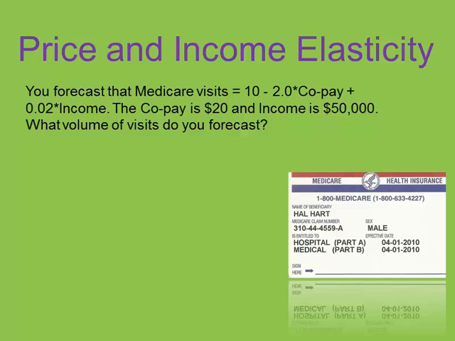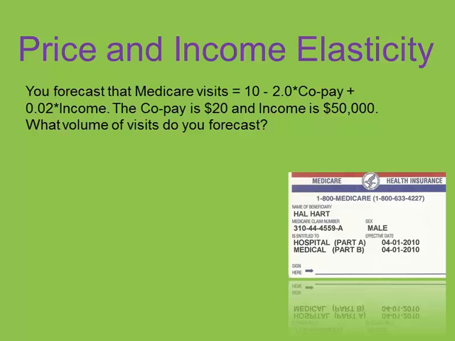All right, so what are we seeing in this particular formula? Well, the first one is price elasticity, the copay portion, the 2 times copay. And then the second part of that formula is the income elasticity. So we're involving both of these two variables in this decision.